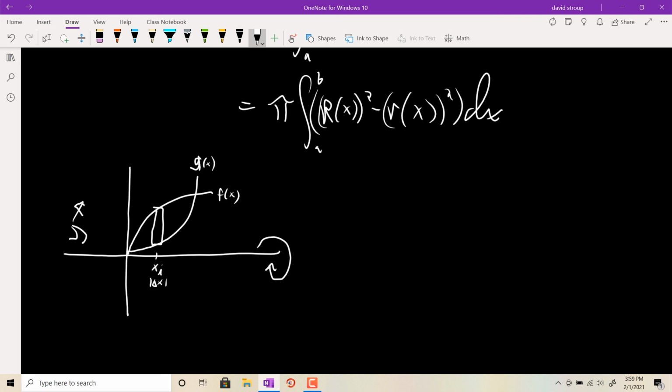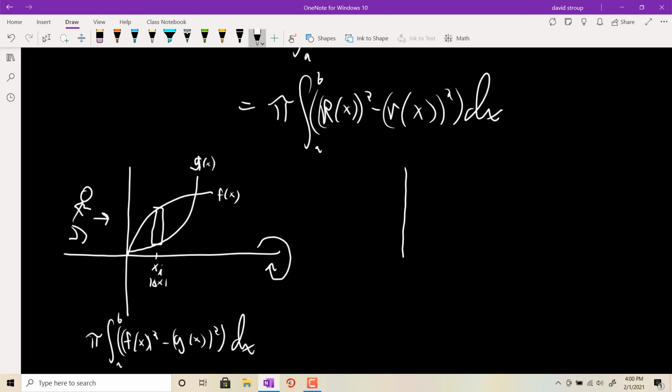If we're going around the x-axis, Riemann man is going like that, and our formula will be pi times the integral of the big radius, in this case f of x, squared minus the little radius squared dx from whatever to whatever.